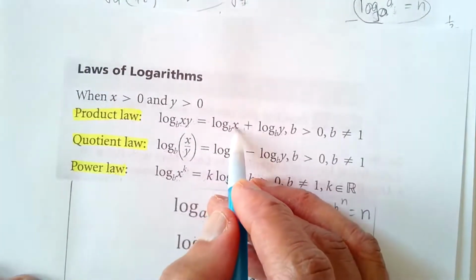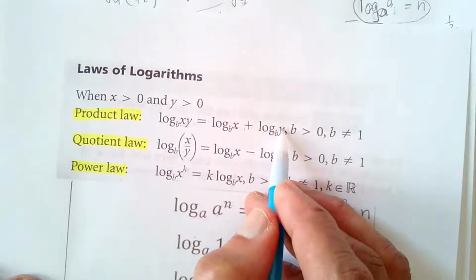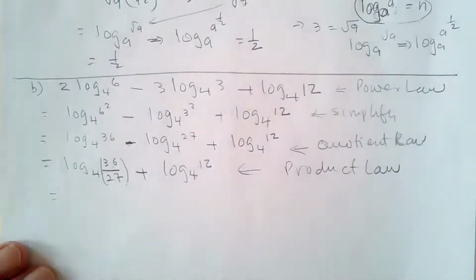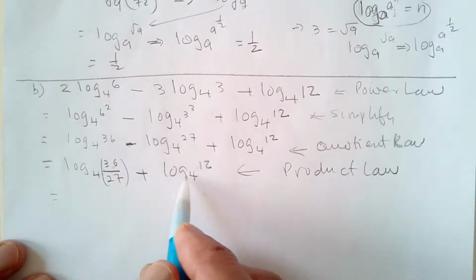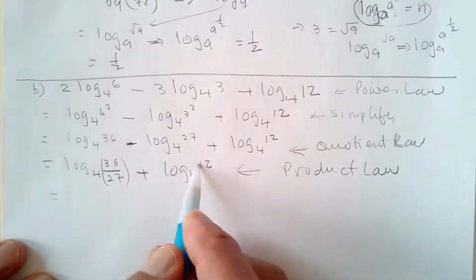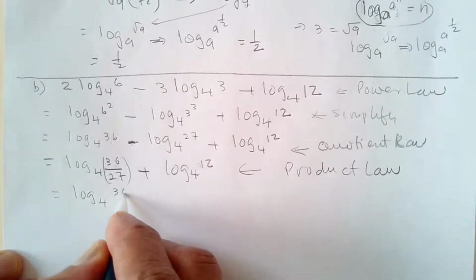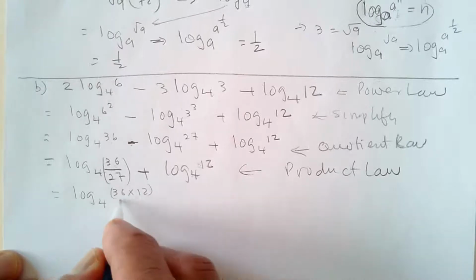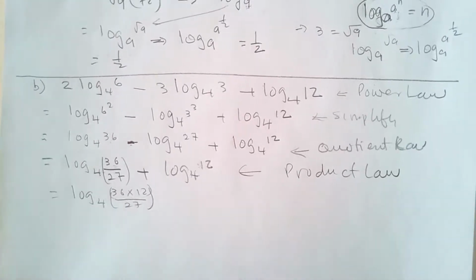You have log b of x plus log b of y. We multiply x and y. It's the same thing we're doing here. So it gives me log base 4 of 36 multiplied by 12 divided by 27.